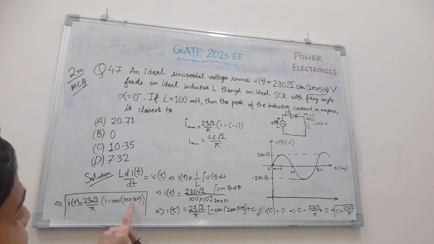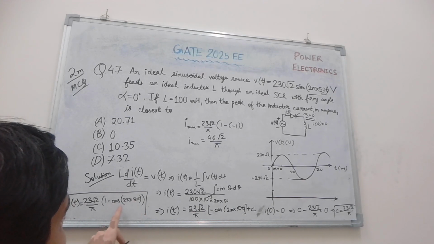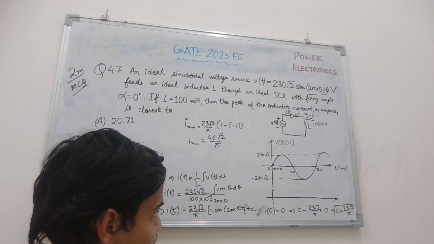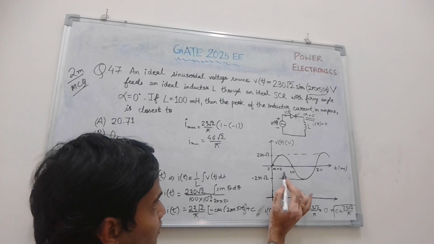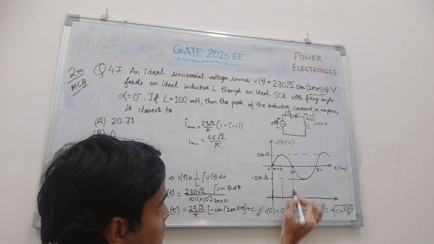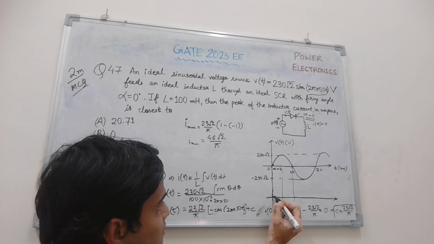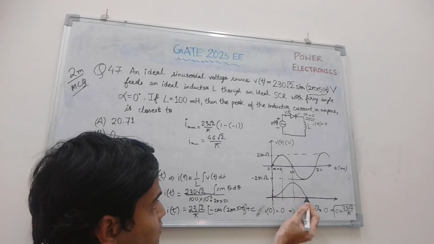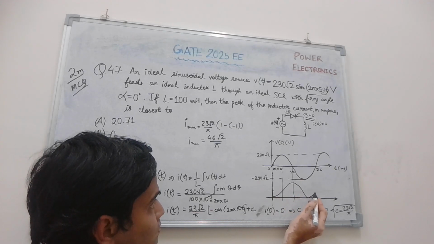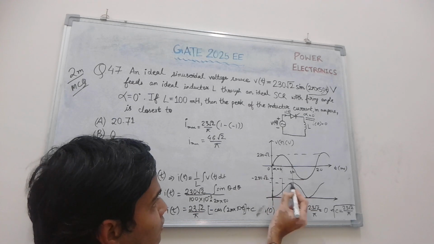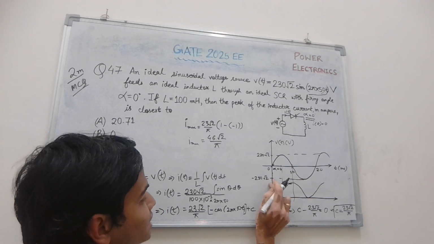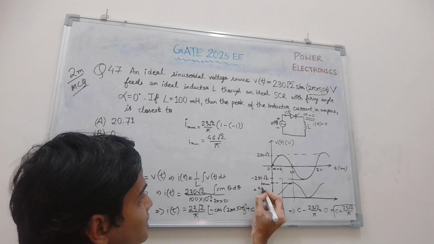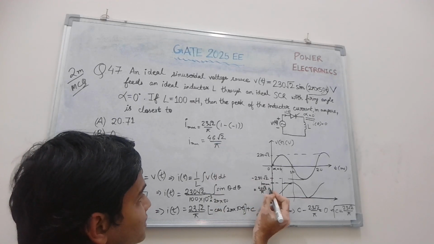Now we can draw the graph. At t equal to 0, the current will be 0, and at half the period it will be at the maximum value. So somewhere it will be like this. This is the I max value, which we calculated as 460 root 2 by pi amperes.